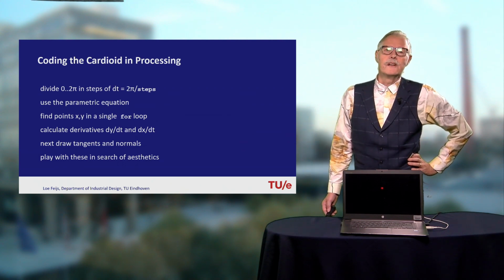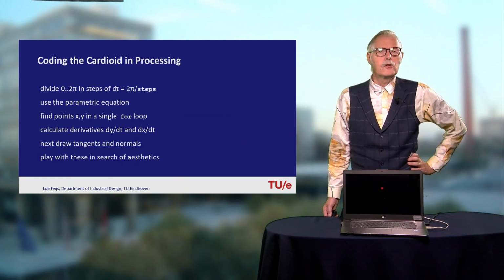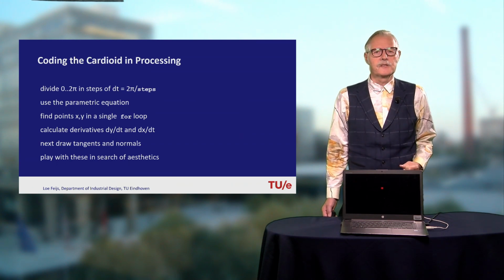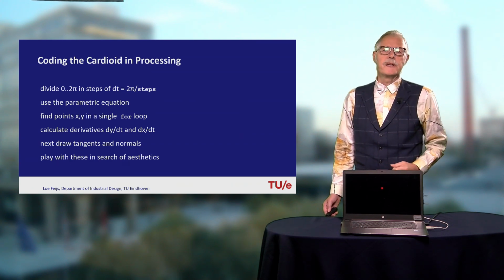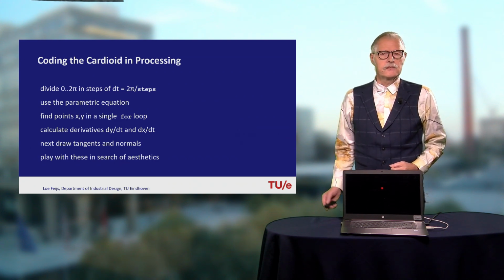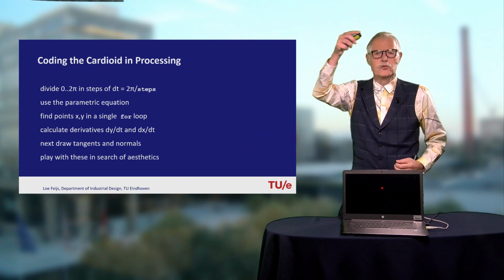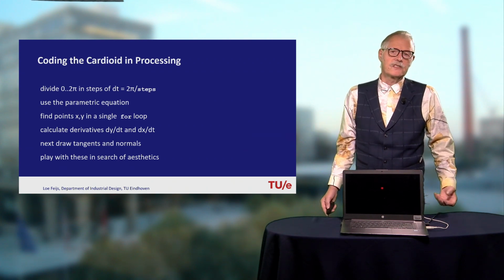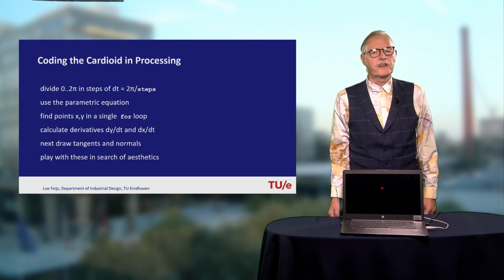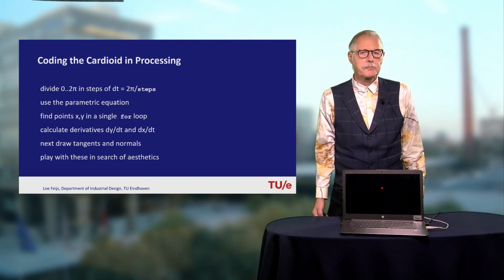Next, we're going to do some coding in processing, and this is where the formulas which I derived will come in handy. This is the basic idea. We will divide the full circle of 2 pi in small steps, which we call dt, which is like 2 pi divided by the number of steps.